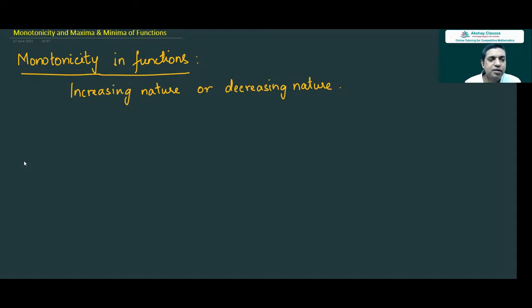So for example, y equal to x is a graph, we know, is a straight line like this. Y equal to x is a monotonically increasing function. All right, it increases.